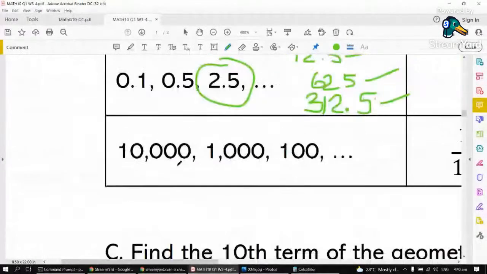And the last one, meron tayong tatlong numbers. Again, kung puro fraction sila, so paano malalaman ang common ratio? Itong number sa kanan, 1,000 divided by yung number sa kanan, 10,000.